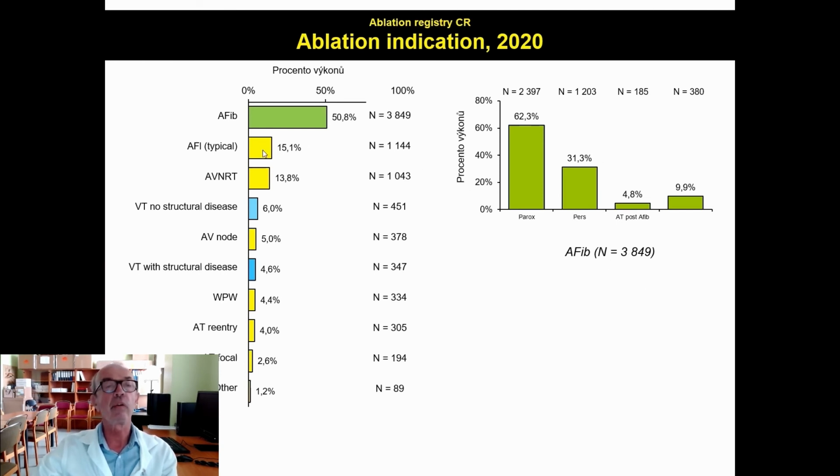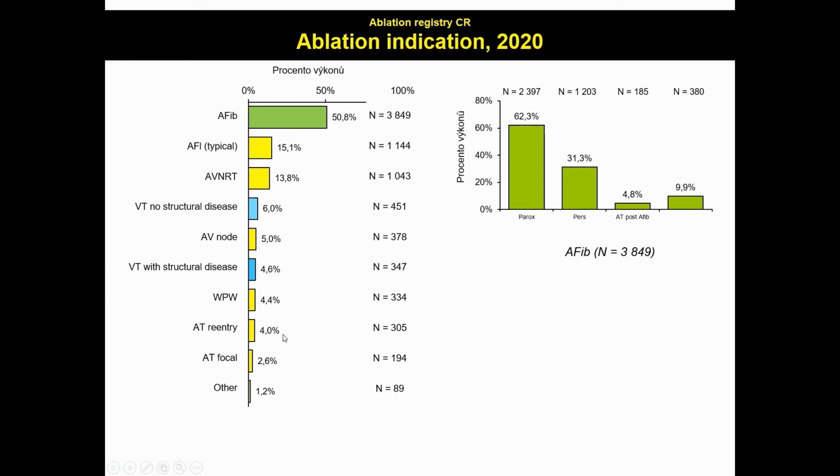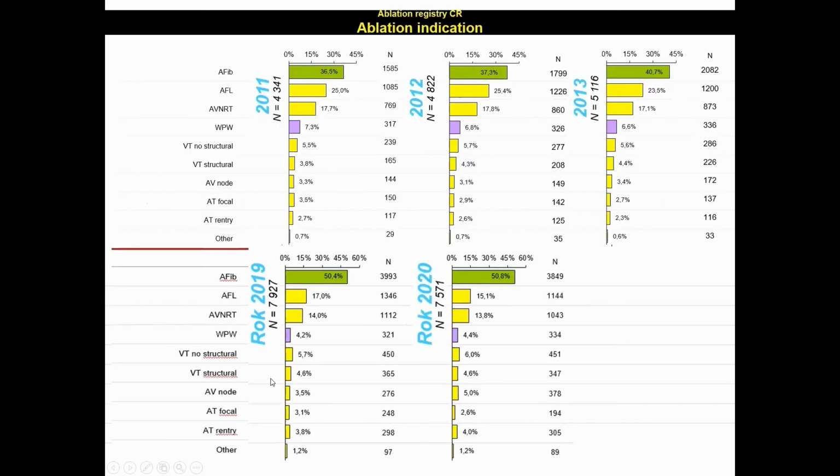The second most frequent indications are typical atrial flutter and AVNRT. VT ablation, with no structural heart disease, mainly PVCs, and with structural heart disease, together is more than 10%. AV node is 5%, then accessory pathway, tachycardia of ventricular or focal origin, and some other indications.